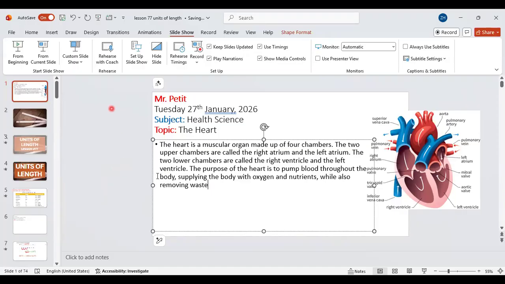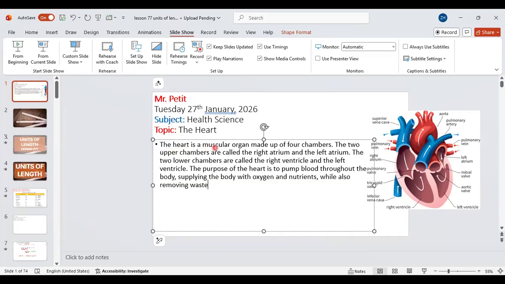Ronell, say something, just read one sentence. I want to check something. Just read the sentence. The heart is a muscular organ made out of four chambers. Okay, stop right there. Just read the sentence one more time. The heart is a muscular organ made up of four chambers. Okay, stop right there. Amari, read the sentence to me.